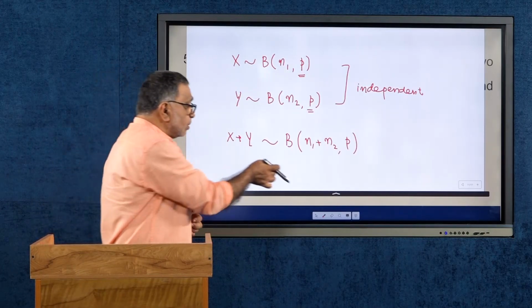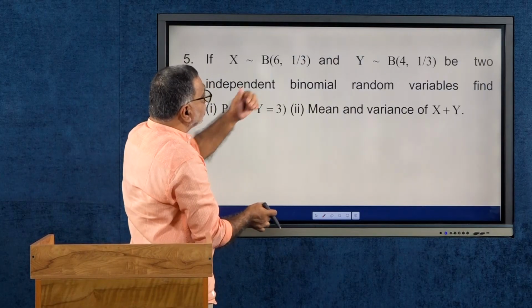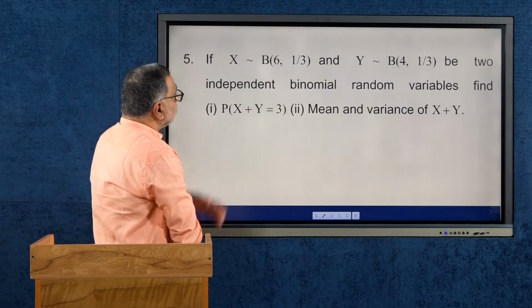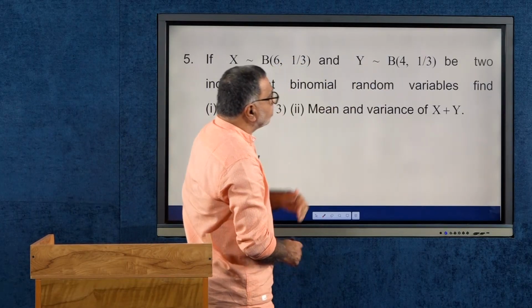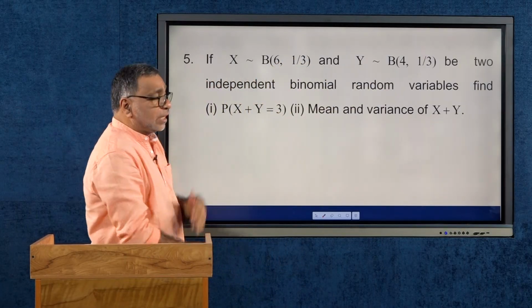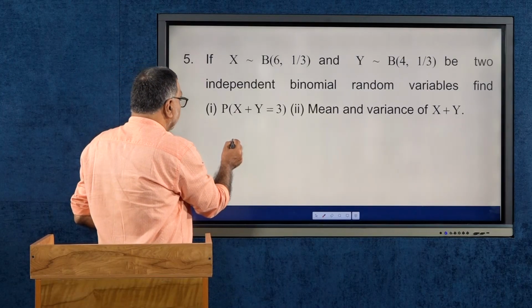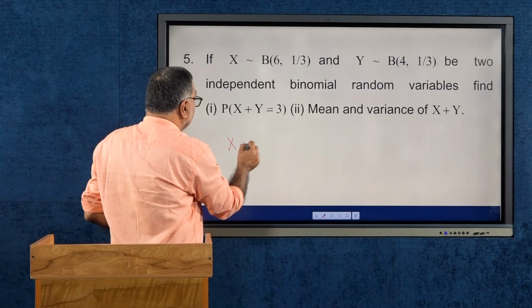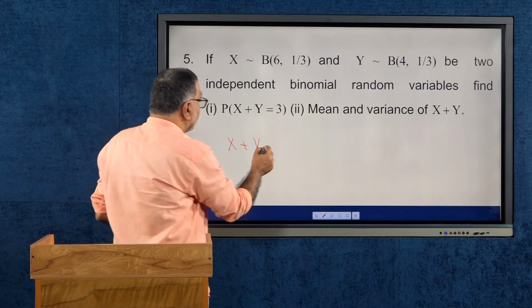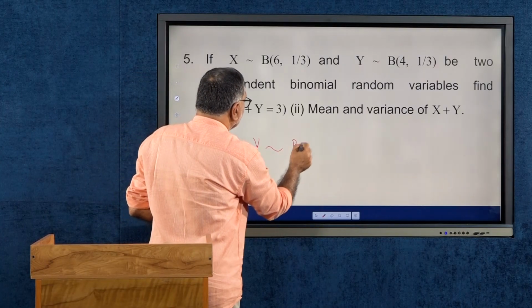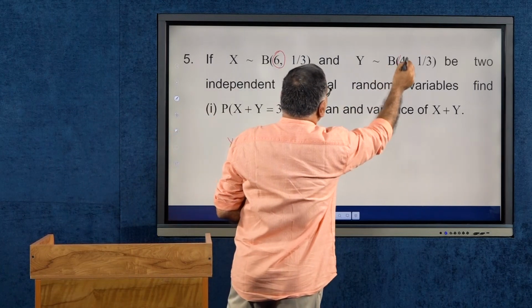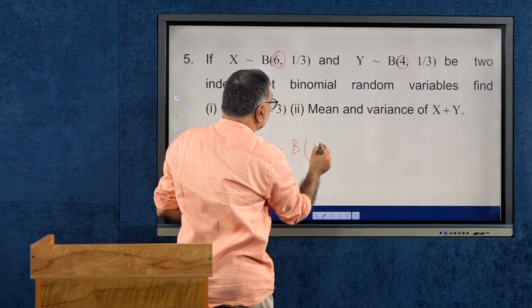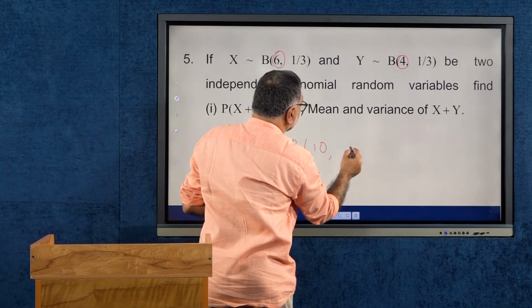And the question is an application of the additive property. What is given? X is a binomial with 6 and 1 by 3, and y is a binomial with 4 and 1 by 3, and they are independent. So what can we write? X plus y is a binomial with 6 plus 4, that is 10, and the second parameter 1 by 3.